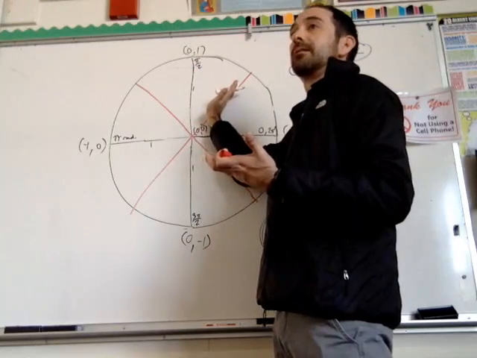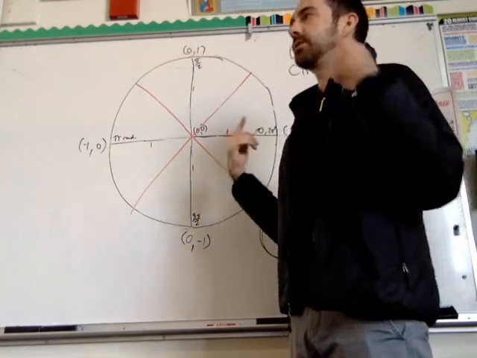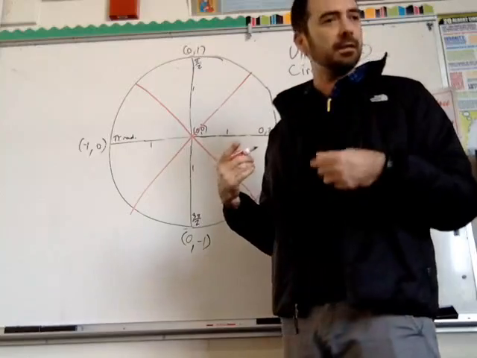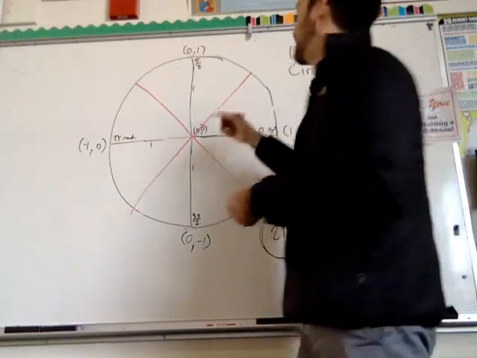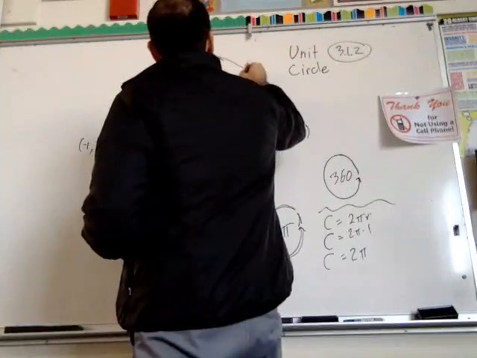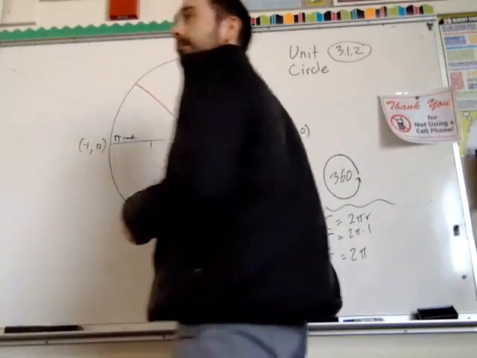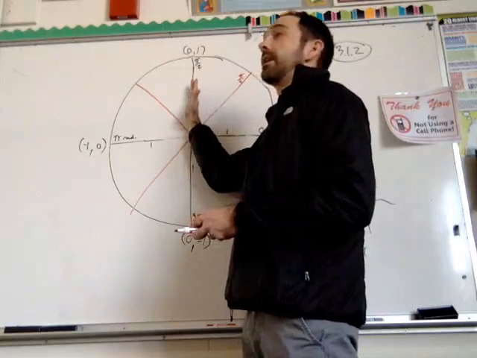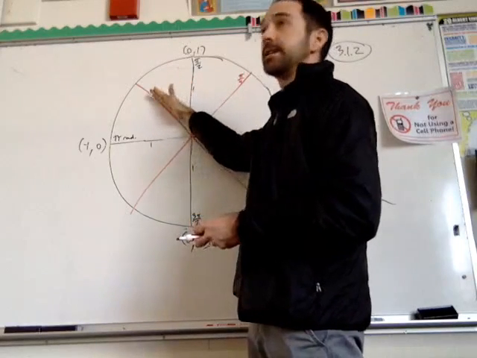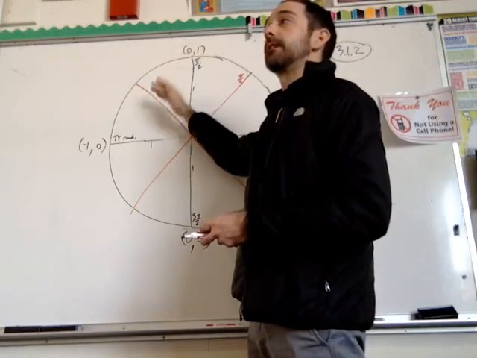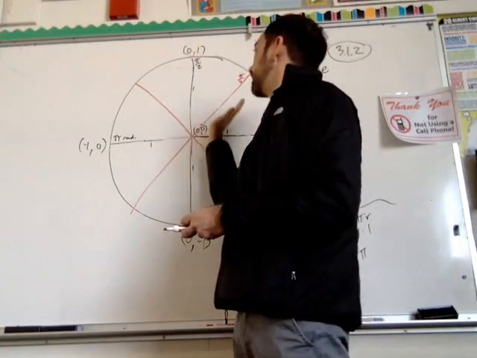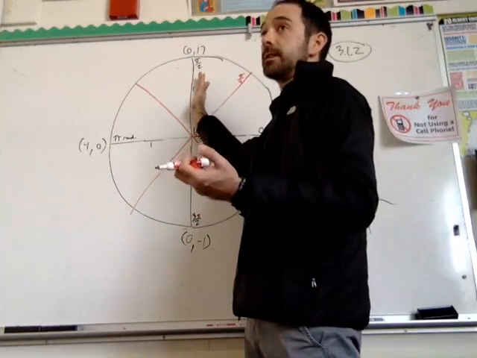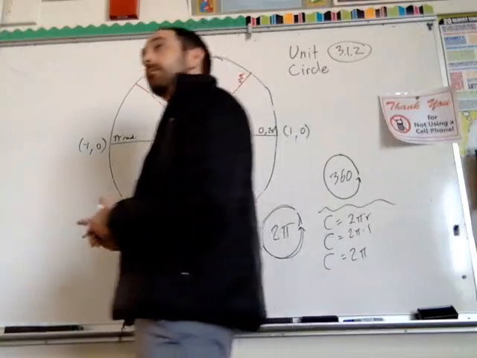Pi over 4. Intuitive? You see it? That was a lot. Pi over 4. Okay? We have 0. We have a quarter. We have half. What would this one be? Think of like quarters, like money. 0, you got 1 quarter, you got 2 quarters, 50 cents. 3 quarters. There it is.